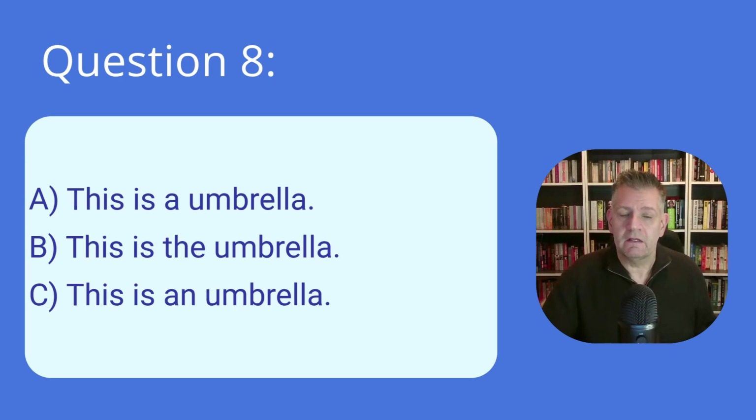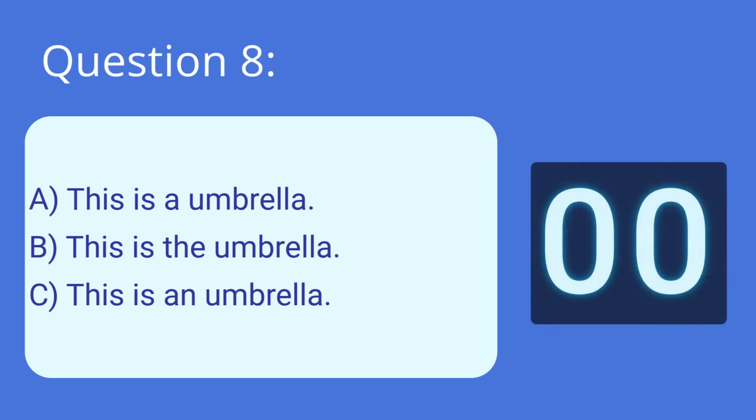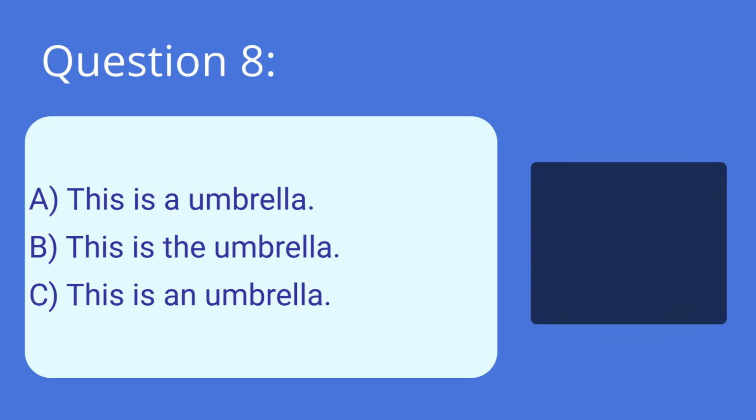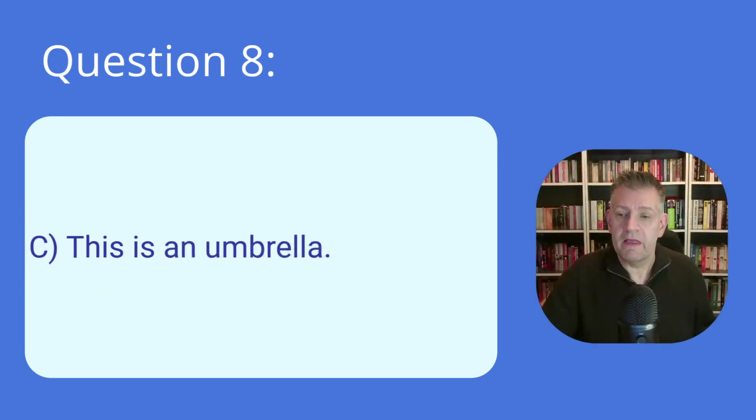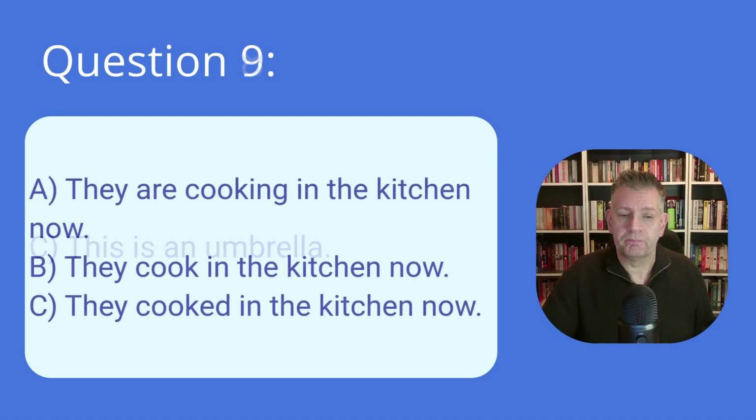Question 8. A, this is a umbrella. B, this is the umbrella. Or C, this is an umbrella. The answer is C, this is an umbrella.